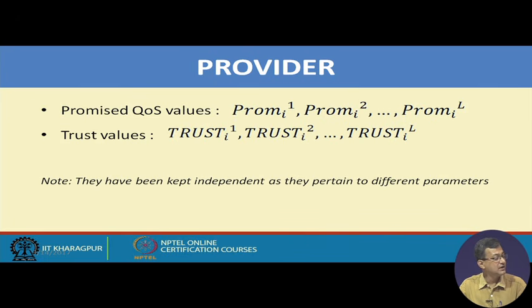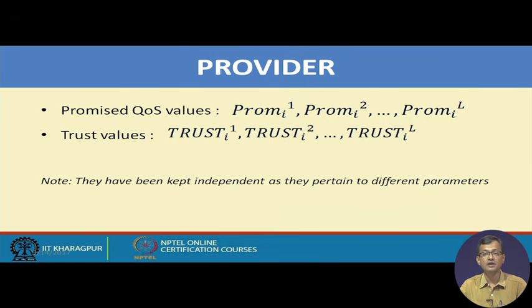In case of any cloud provider, we have a set of parameters which the provider provides, or the promised QoS values, right. The provider promises different QoS values or parameters, like the provider says there is 99.99% uptime, or so much security level, or this much bandwidth available.